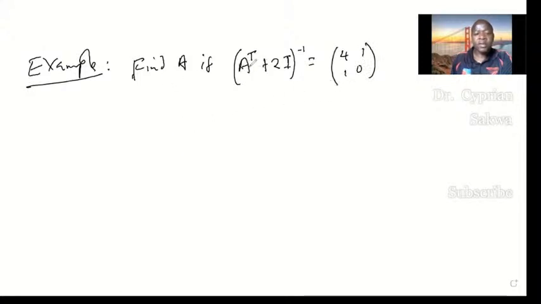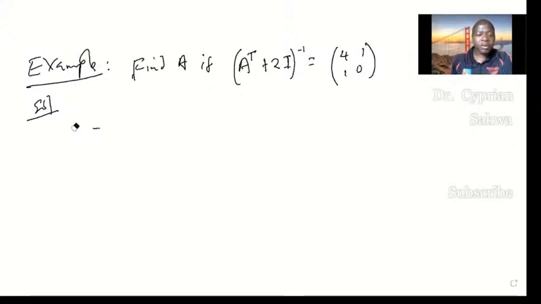Find A, if the inverse of A transpose plus 2I gives you the matrix 4, 1, 1, 0. For this question, I have to use the last theorem, which says that the inverse of A inverse is A. That is the theorem I will begin with.